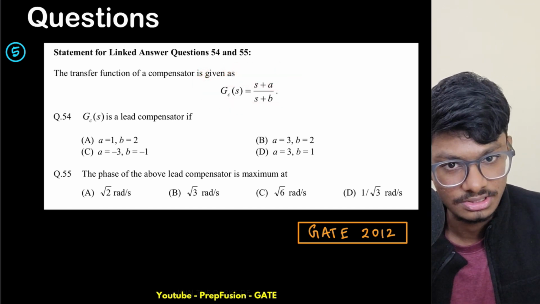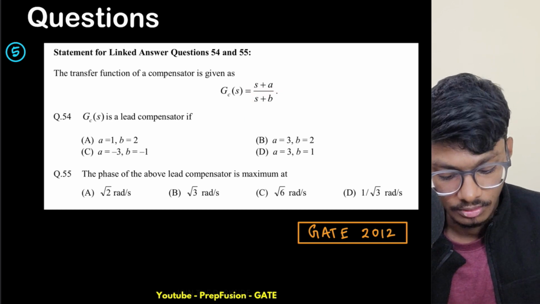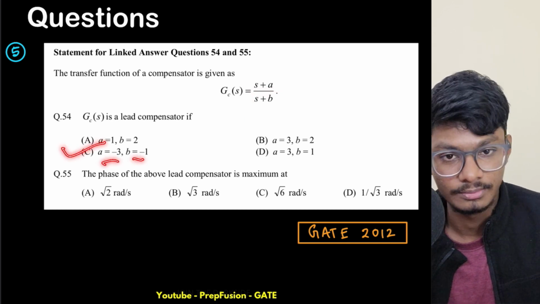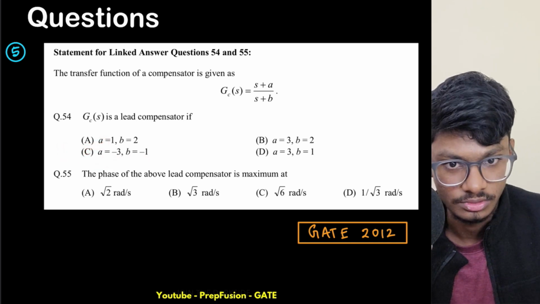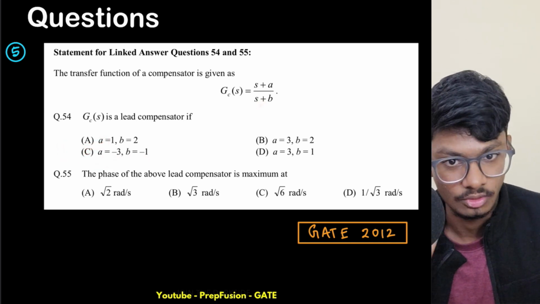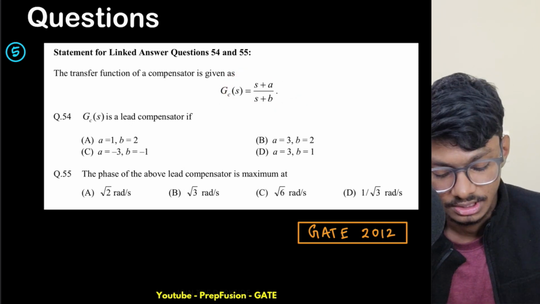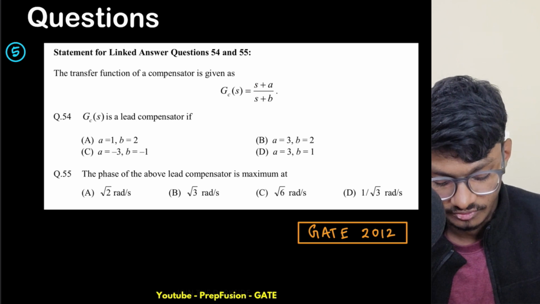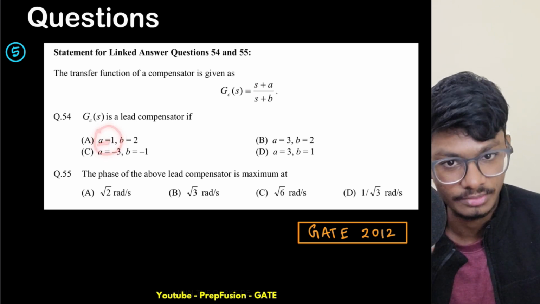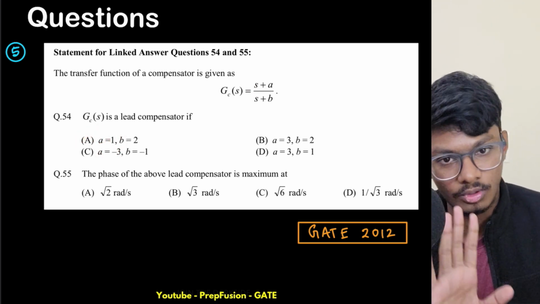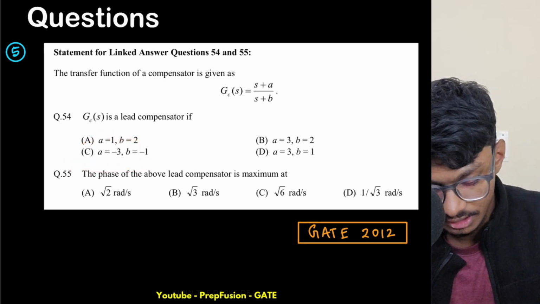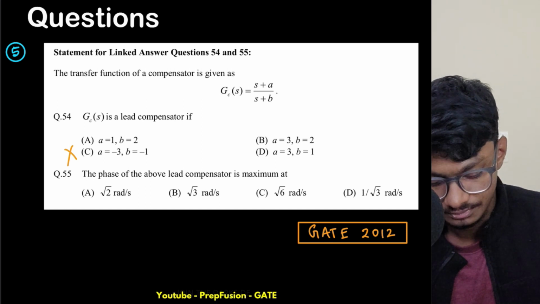Minus a is the 0 and minus b is the pole. So you just don't take this negative in a hurry, because these are a and b, not the roots of this. I mean, this isn't the zero and this isn't the pole. So the 0 is minus a. If I do minus a, then this is minus 1 for the first option, which is in the left hand side. That is fine. So don't be in a hurry and don't tick mark C. Okay, don't tick mark C.